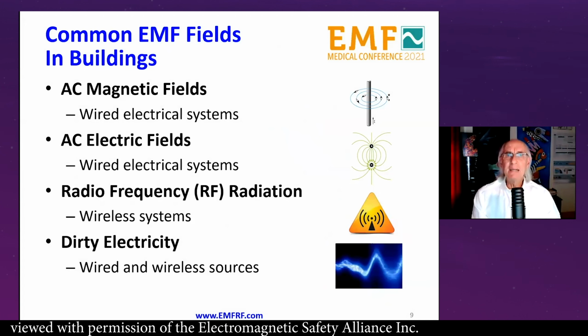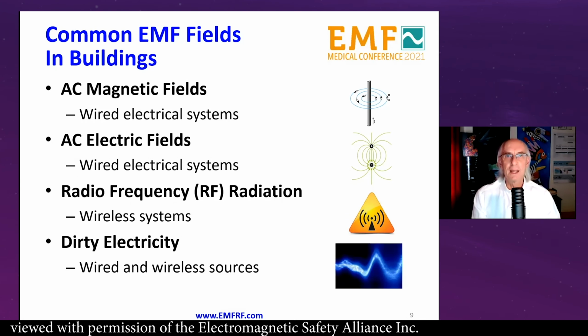So we have naturally occurring fields on this planet as well as in the cosmos. But these fields are basically DC current, direct current fields, or static fields. And what we are talking about are man-made fields, which are not naturally occurring on this planet or in this universe.